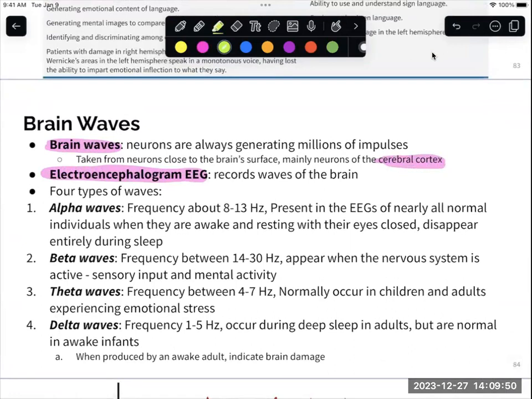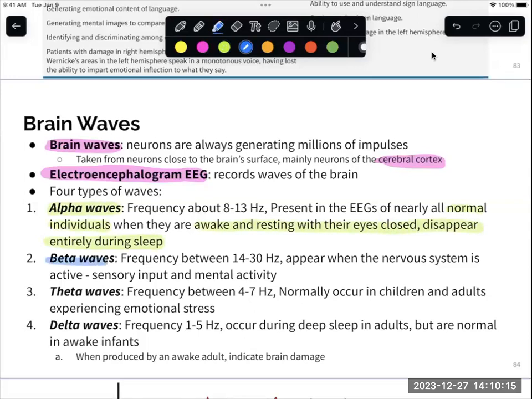Next question. We have 4 different types of waves. We have alpha waves. This is in most normal people when they're awake and resting, and they can disappear when somebody is fully asleep. This is when you're just kind of relaxing, not doing anything.